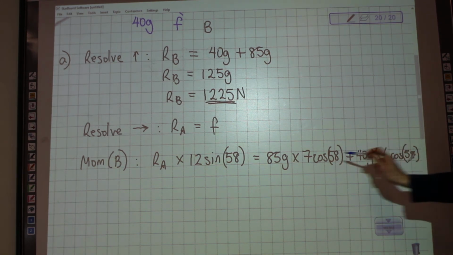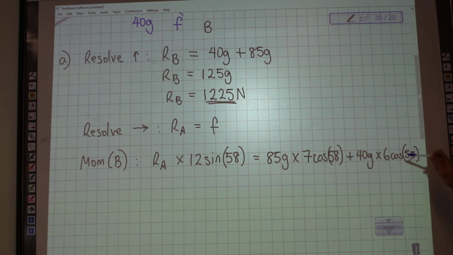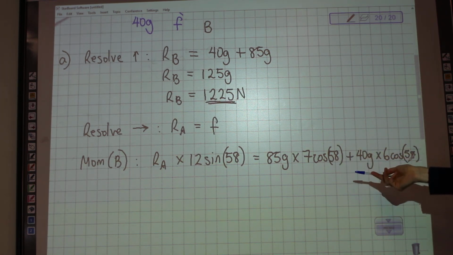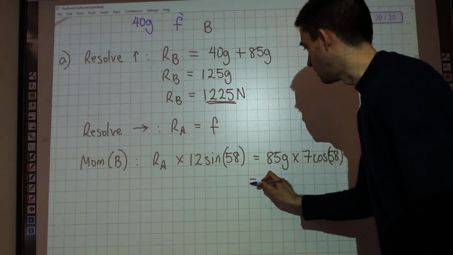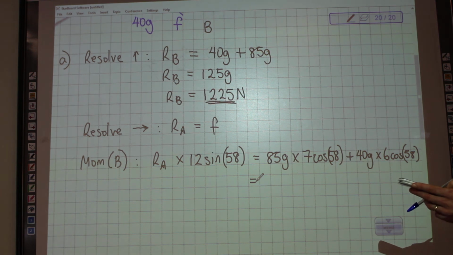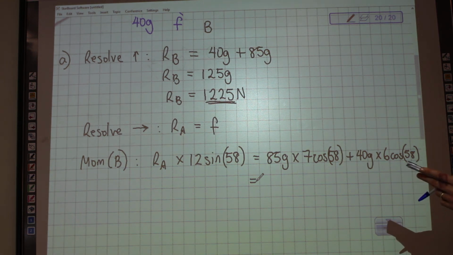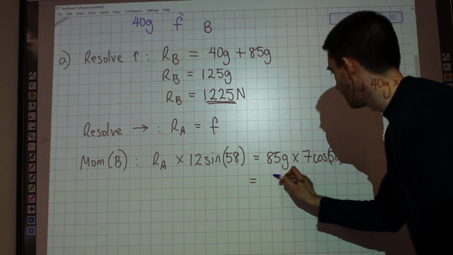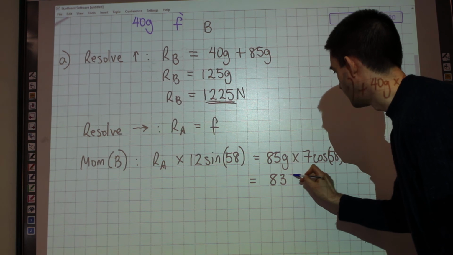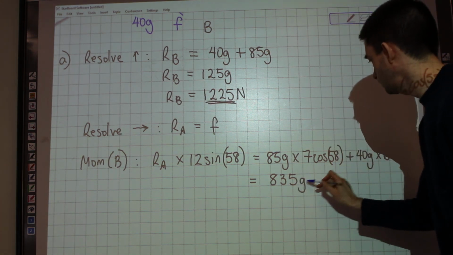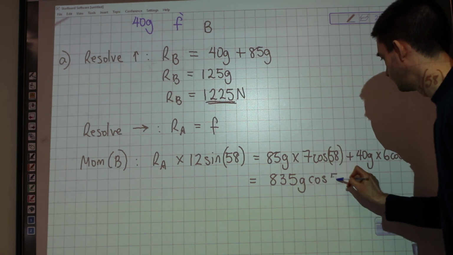Now, what I can do is actually, because it's all cos 58s and g's, I can collect that all together to be a single term. So 7 times 85 is 595, I believe, yes it is, plus 240, which is 40 times 6. So I have 835g cos 58.